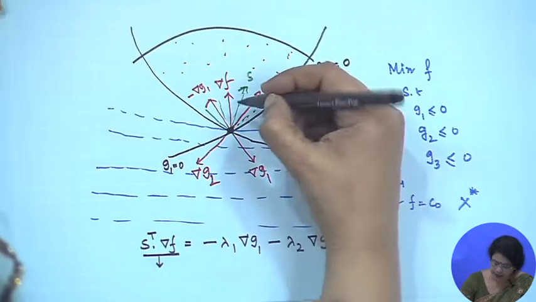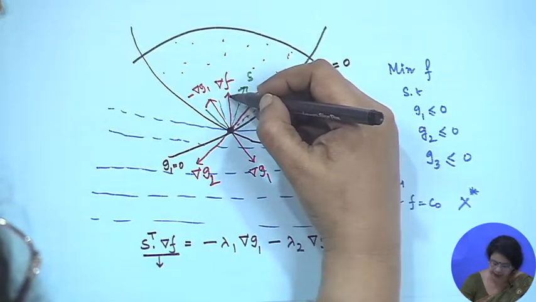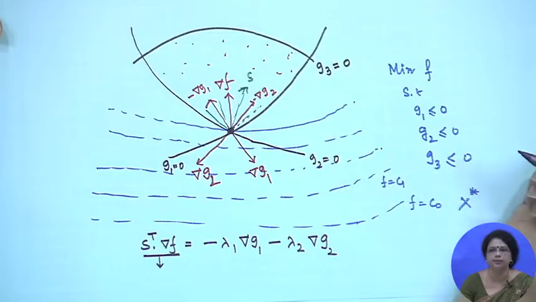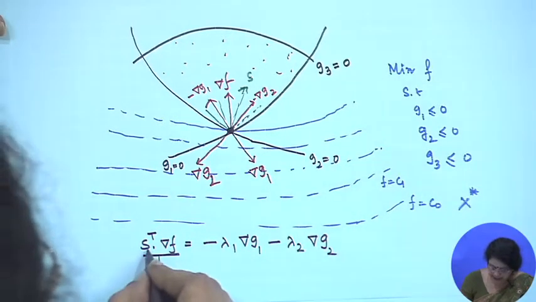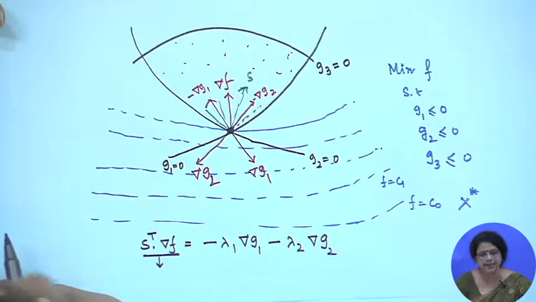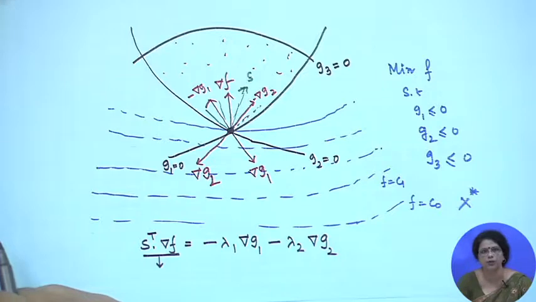Because the feasible direction and the gradient of f make an acute angle, and we are considering the inner product of two vectors. One is S, that is the feasible direction, and another one is the gradient vector of the objective function.